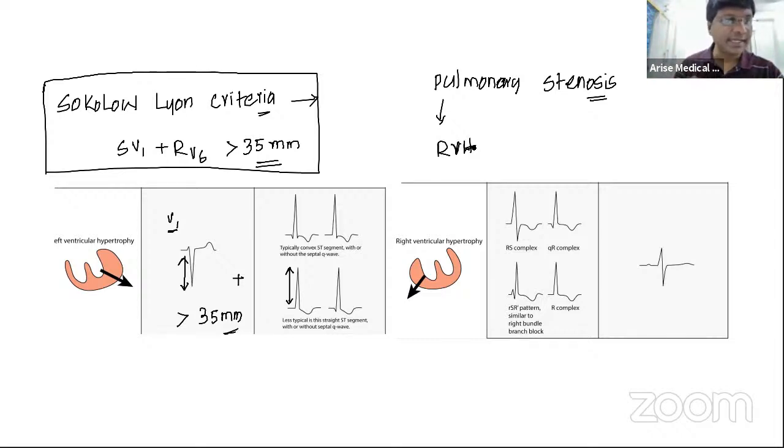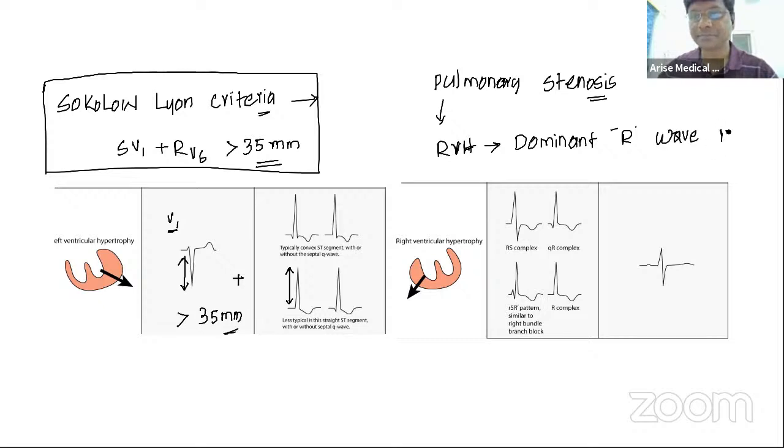Now, what is the criteria for right ventricular hypertrophy? In right ventricular hypertrophy, you will have a dominant R wave in V1, and along with that there will also be T wave inversions in the right-sided leads.